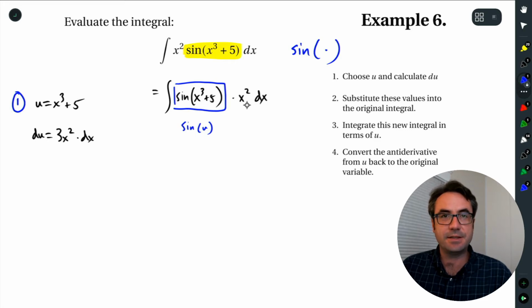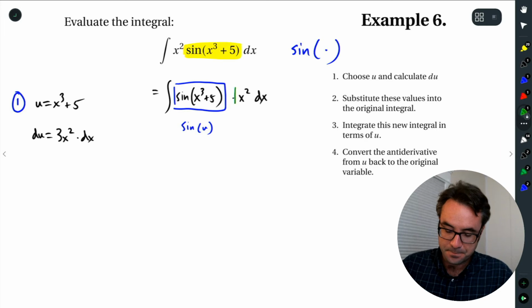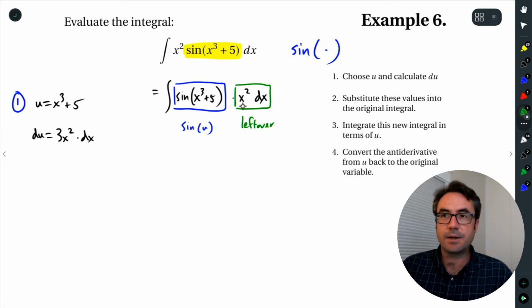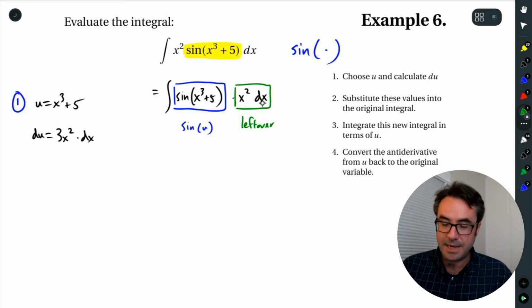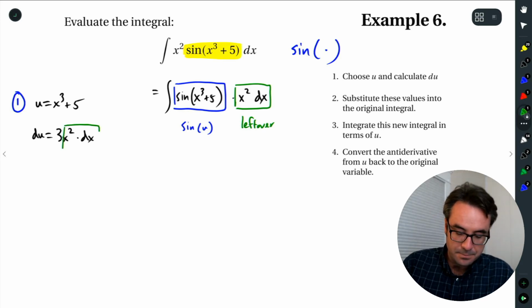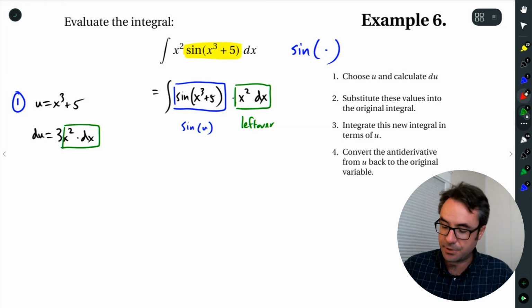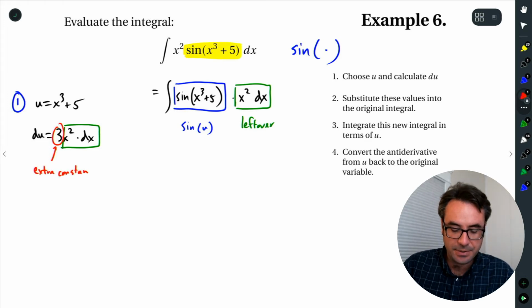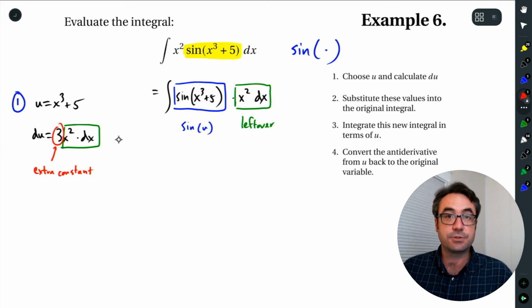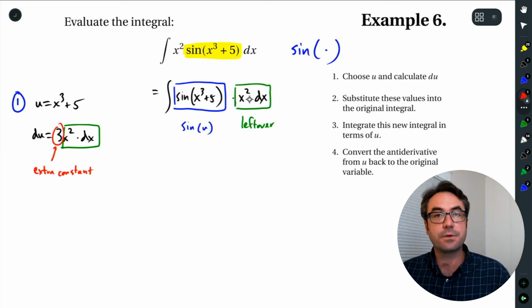So let's look at these leftover pieces. This is sort of leftover. And we want to compare them to what we just calculated for du. If we look, we have a dx and we have an x squared. If we go over here, there's a dx and an x squared, but we have this extra 3. And that's okay. This 3 is extra, but we can deal with that. The way we generally deal with an extra constant, or extra terms in general, is we solve for the leftover terms.